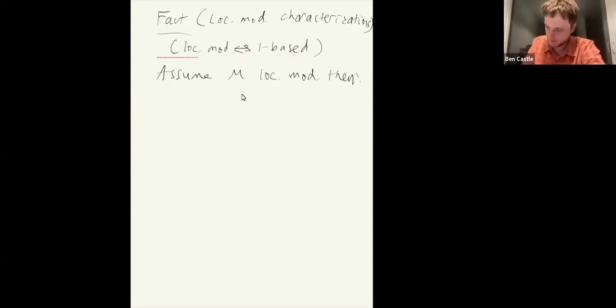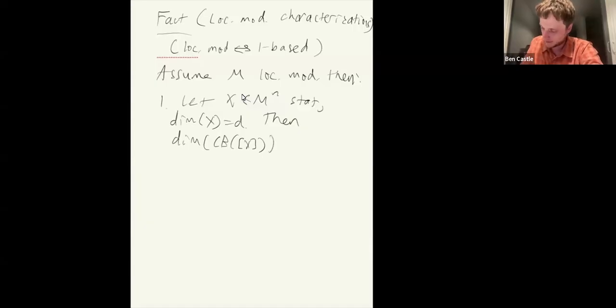So something similar: let X be in M to the N, stationary, of dimension D. Then we have what I would say is the most natural bound possible for the dimension of the canonical base: the dimension of CB of the class X is at most N minus D.